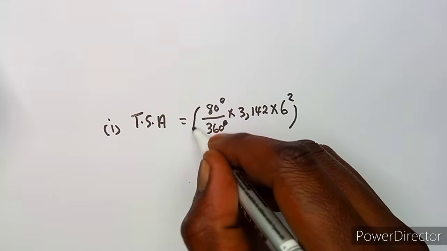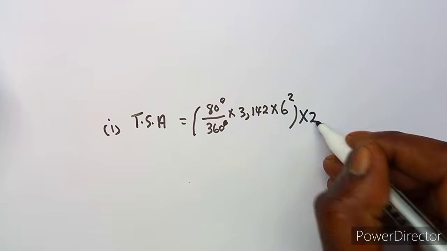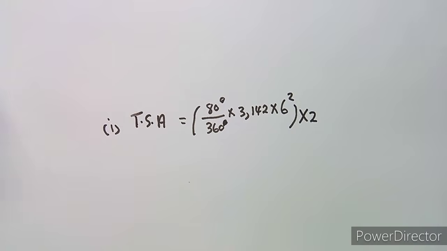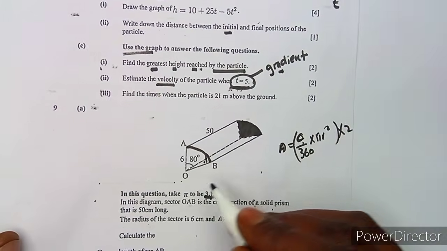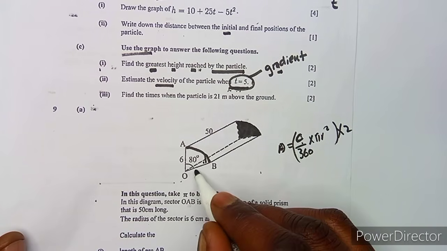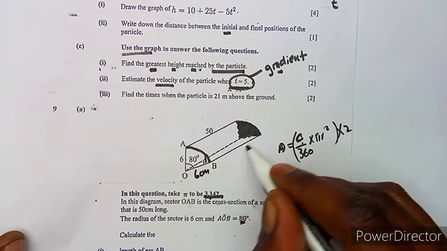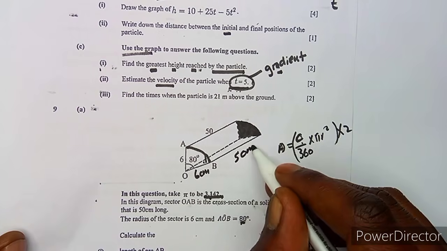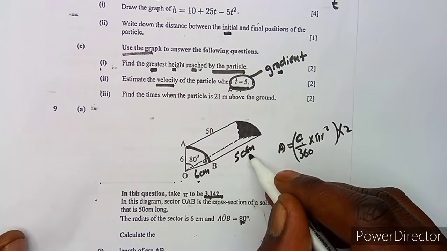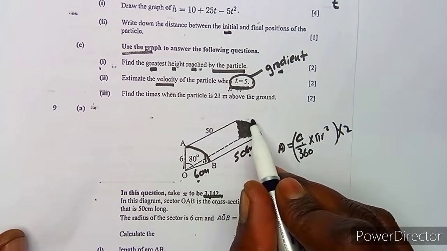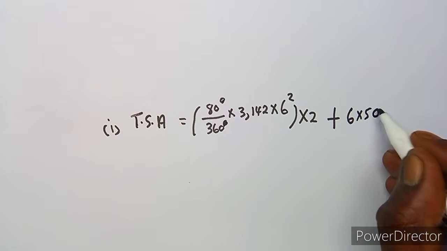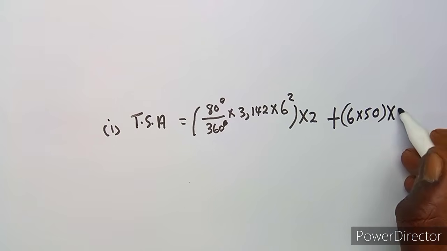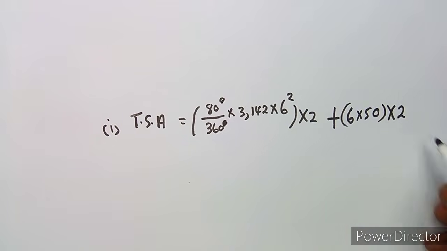But these sectors, there are 2 of them, so we're going to multiply by 2, plus we have got a rectangle here of OB, which is 6 centimeters times 50 centimeters to the other end. So it's 6 times 50, and also here 6 times 50, there are 2. So it's going to be 6 times 50, and there are 2 of them.